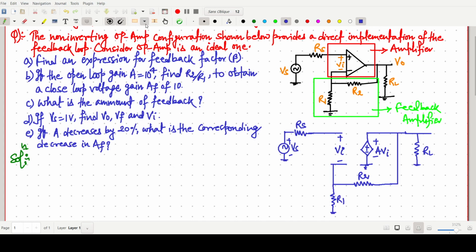Again, I am just highlighting the parts.